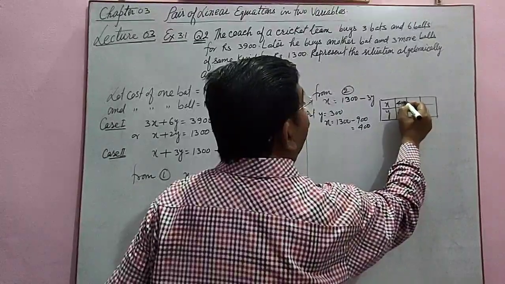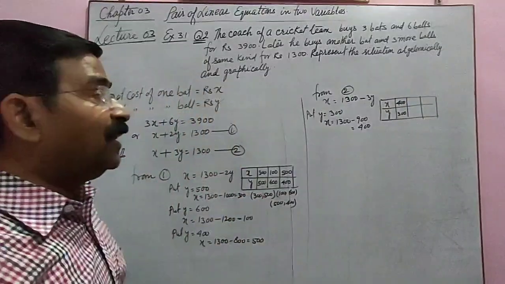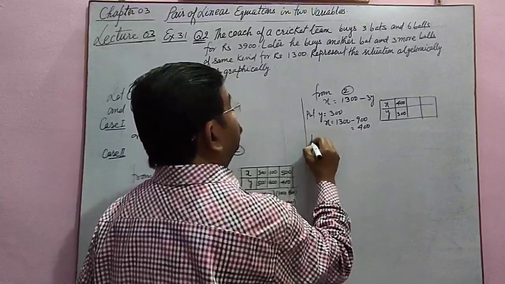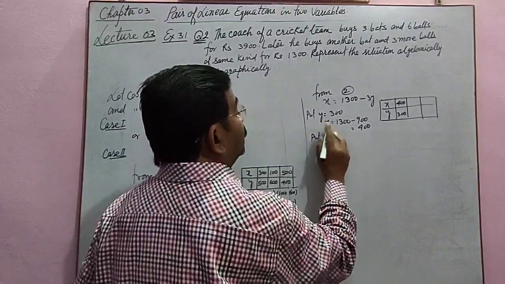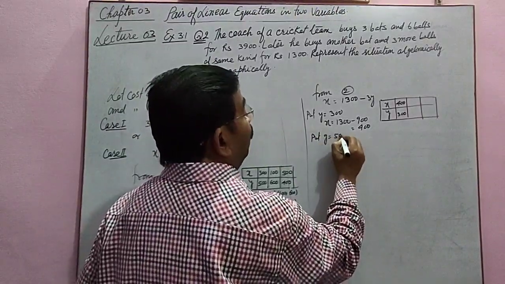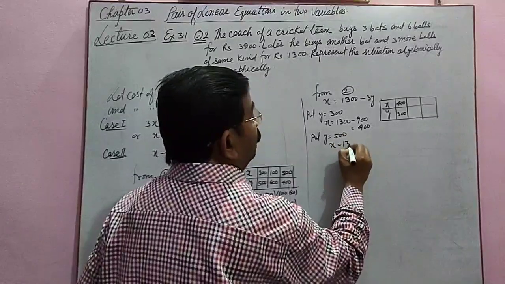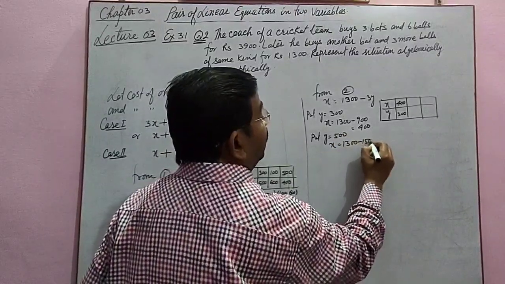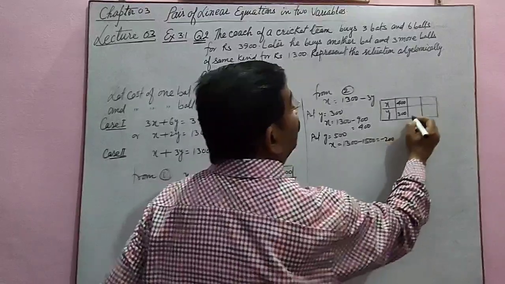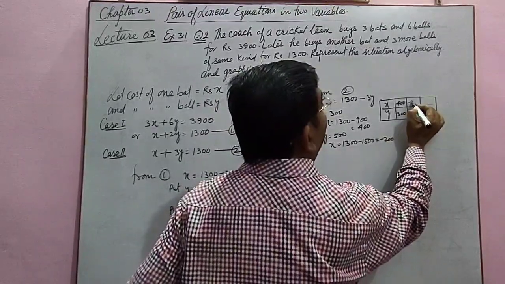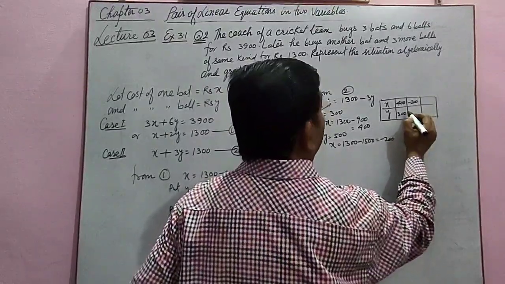Put y is equal to 500. Then x is equal to 1300 minus 1500, which is minus 200. X is minus 200 and y is 500.